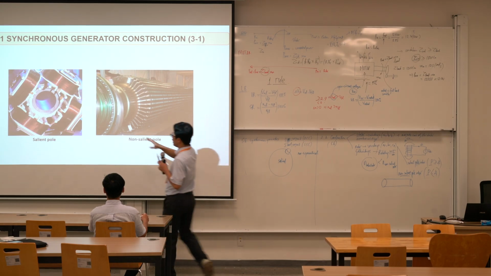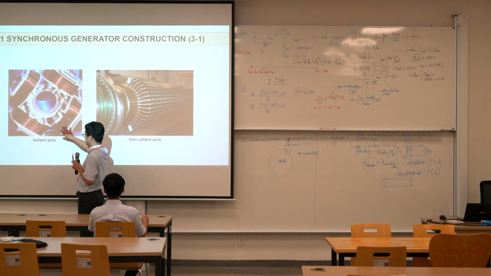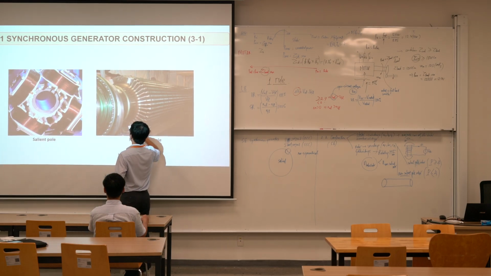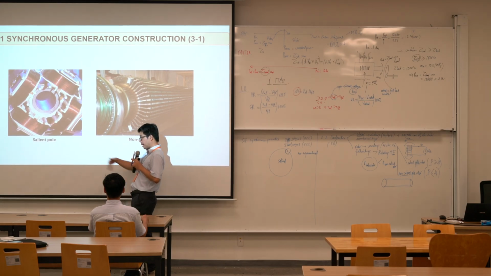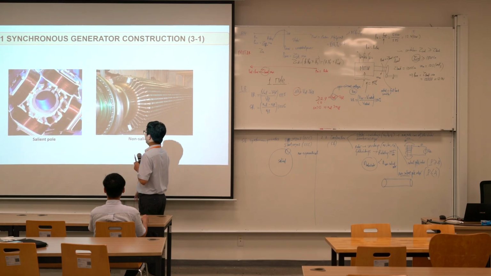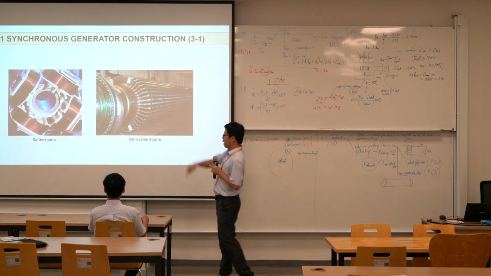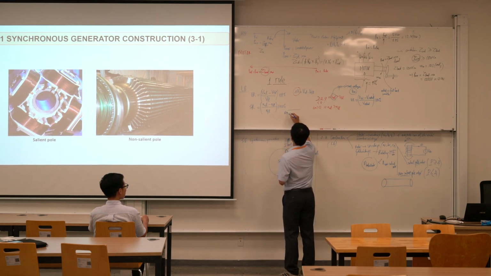And this one is suitable for hydro power plant. And this one is suitable for thermal power plant. Okay, for thermal power plant, yeah, we need very high speed. For hydro power plant, we need a dam, right?